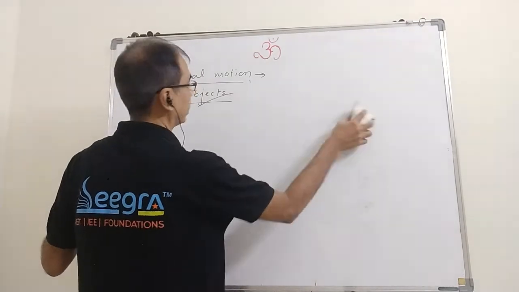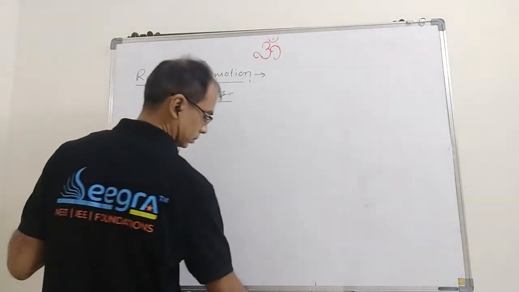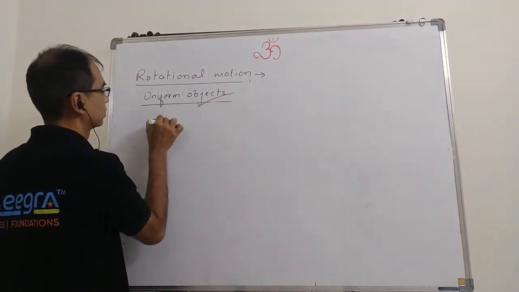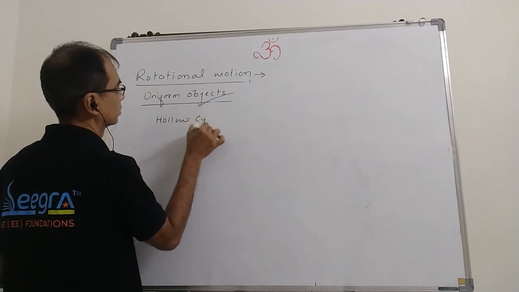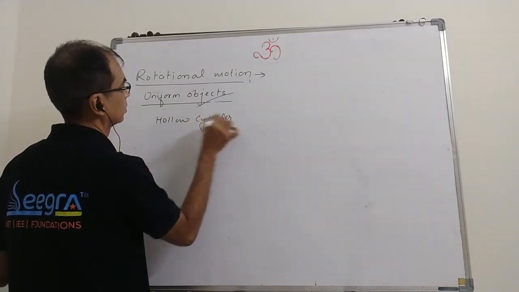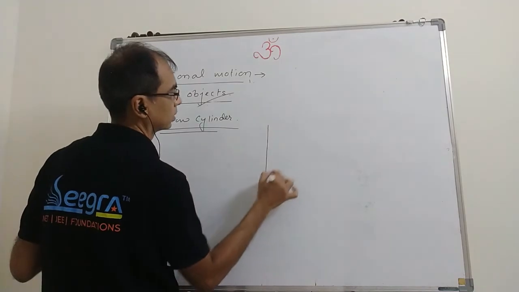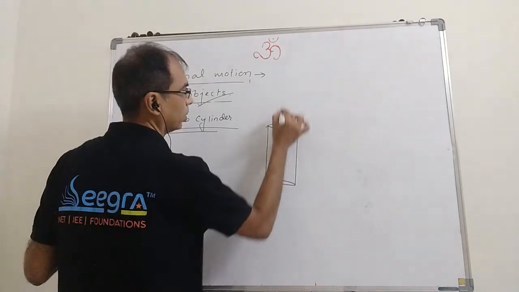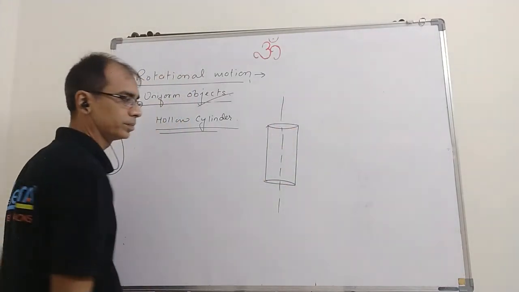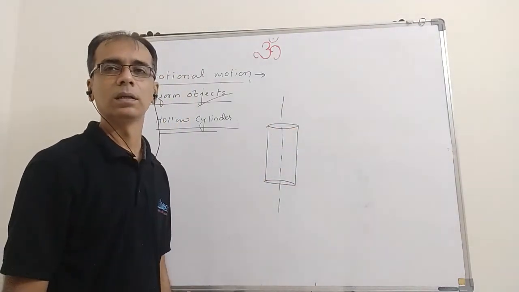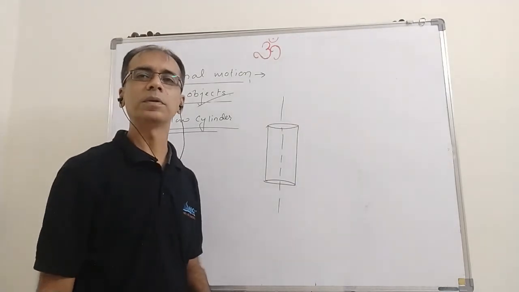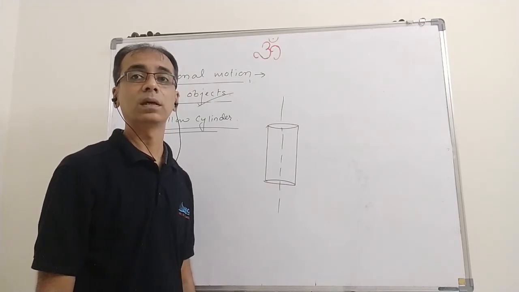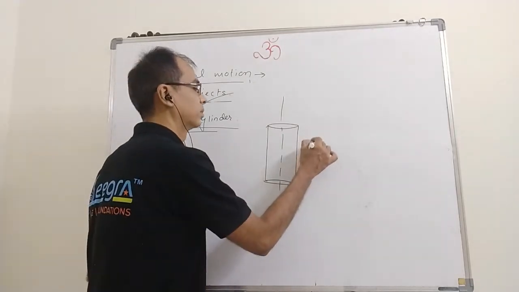We'll be going for cylinder. Okay, hollow cylinder. This is hollow cylinder, about an axis which is passing through its center. Now this hollow cylinder, can I say, is basically a ring, a thick ring. Its mass is m, radius is r.